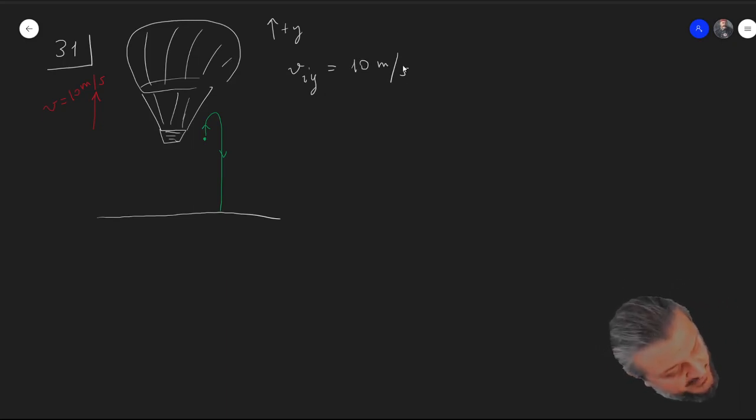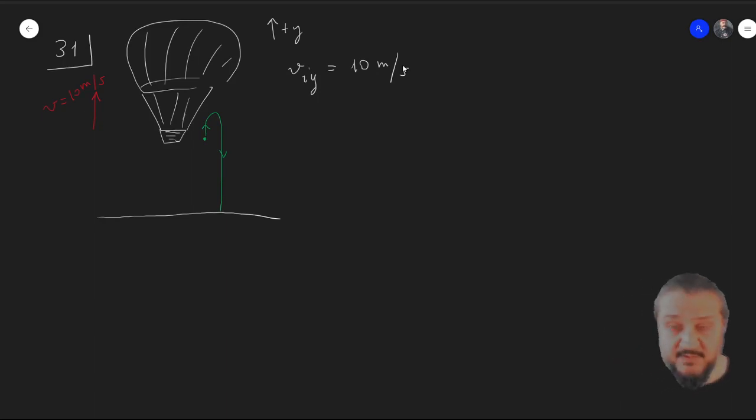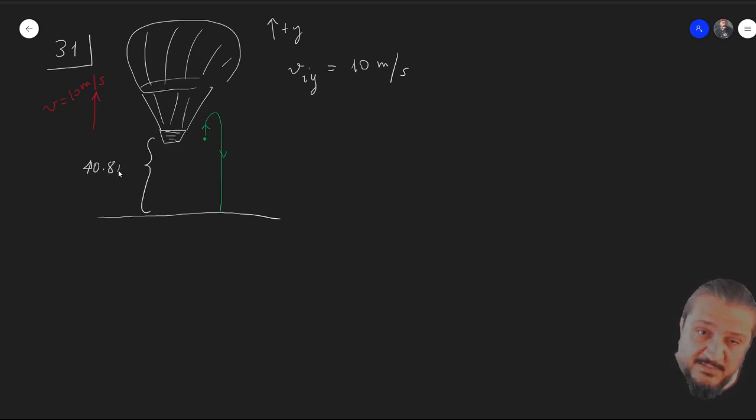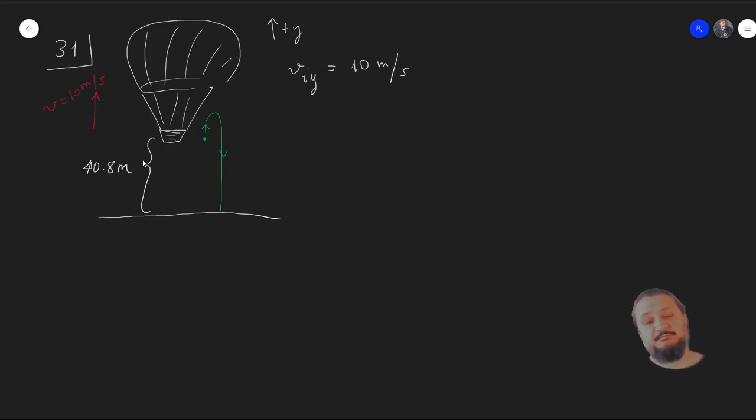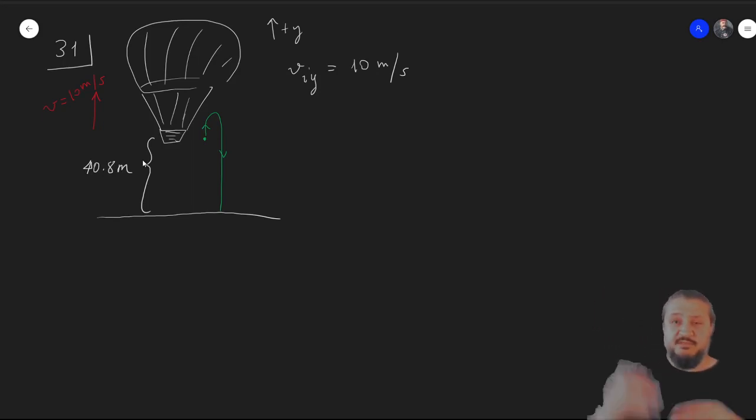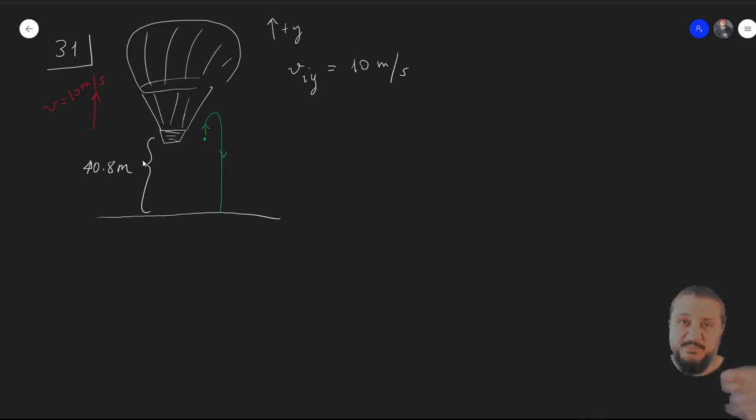Okay, let's keep reading. 31. When the balloon is 40.8 meters above the ground, so this distance here is 40.8 meters. Now, of course, when the object does this motion, the balloon is still going upward. We don't care about that, but it won't be there anymore. Just focus on the object from now on.